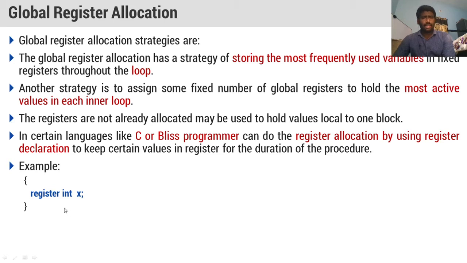To store this variable x in the registers, we can declare register int x, so that the data will be there in the registers and the time taken for execution will also be less. This is called global register allocation.